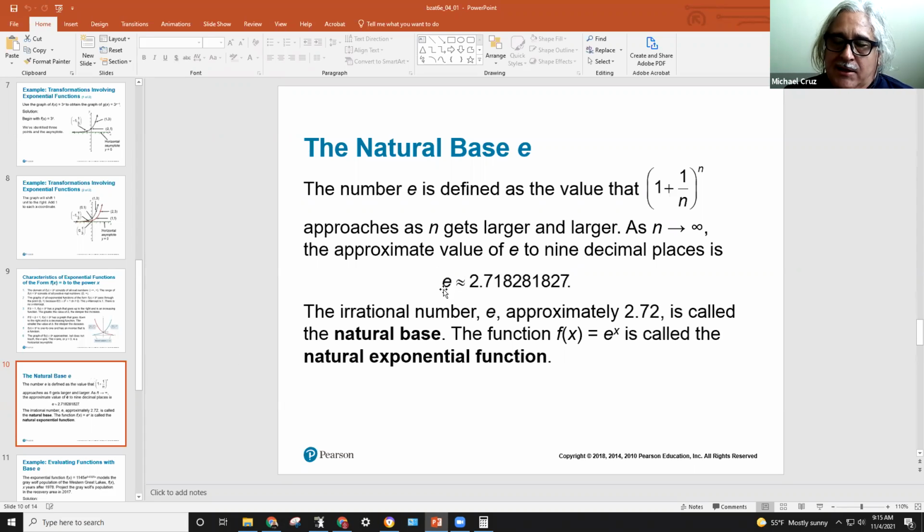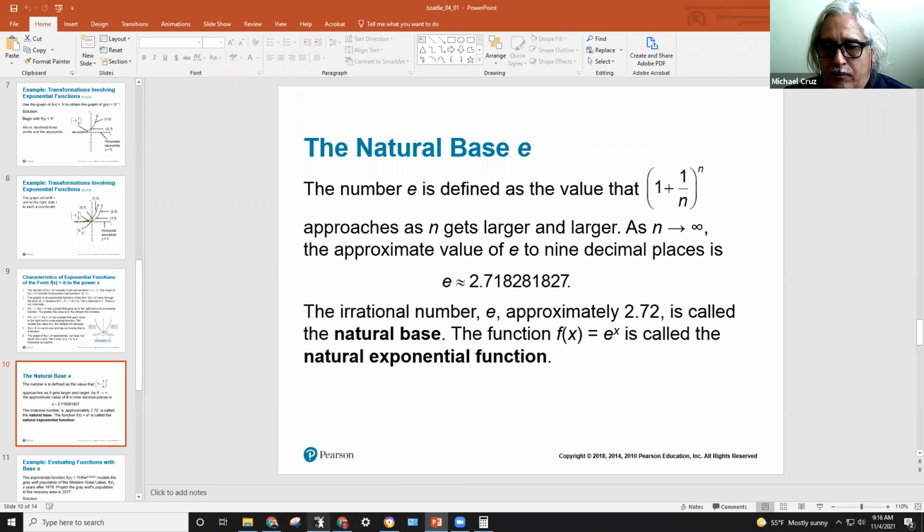Now, when you see this little thing e, it's a repeating decimal. It says approximately equal to. So what is going to happen then is, as this number gets higher, like if you put in 1 here and then just keep on going, it's going to get closer and closer and closer to this value.